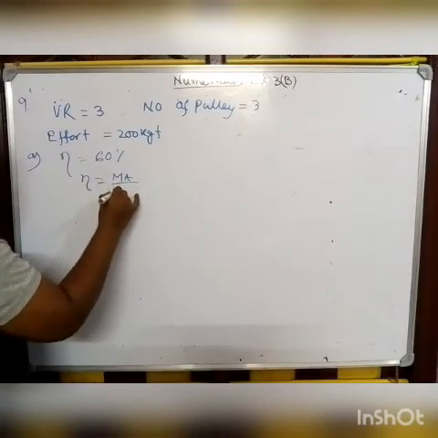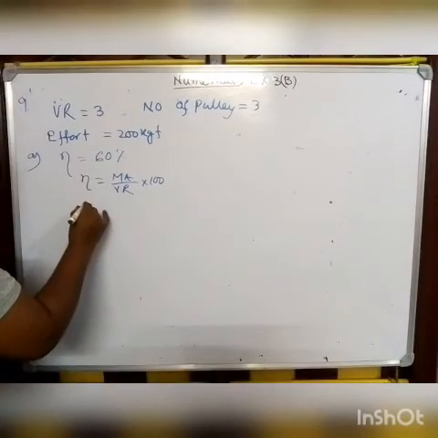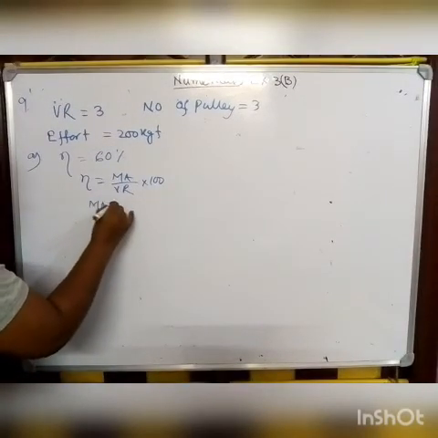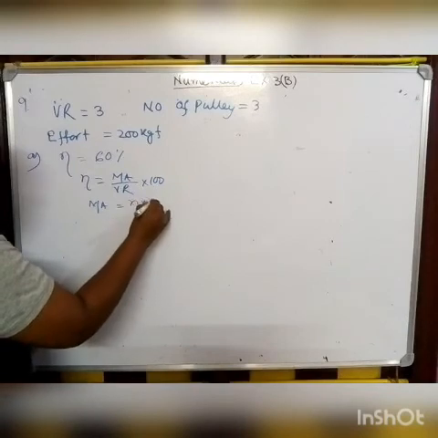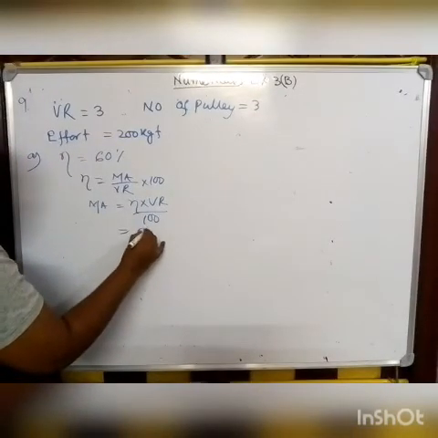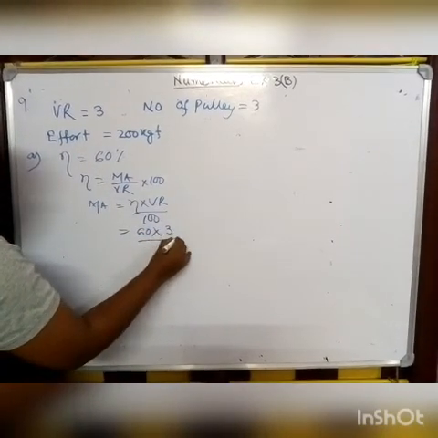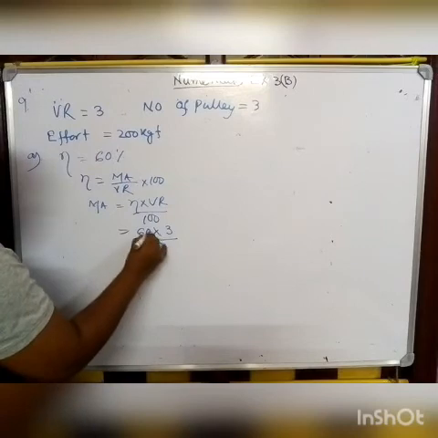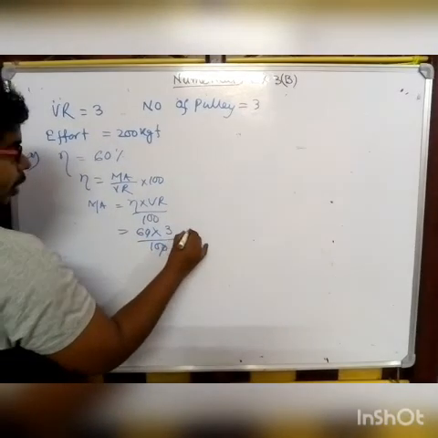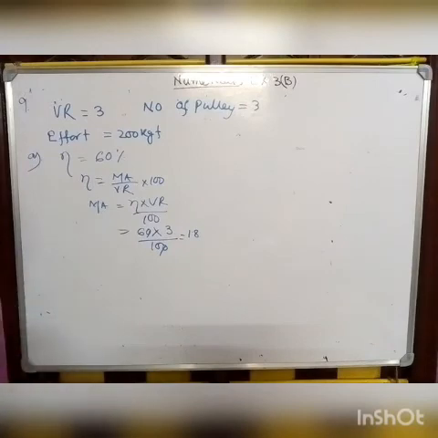We know efficiency is equal to mechanical advantage by velocity ratio into 100, and mechanical advantage is equal to efficiency into velocity ratio by 100. Efficiency is 60, velocity ratio we know is 3, by 100. So 6 threes are 18 by 10, it is 1.8. So mechanical advantage is 1.8.